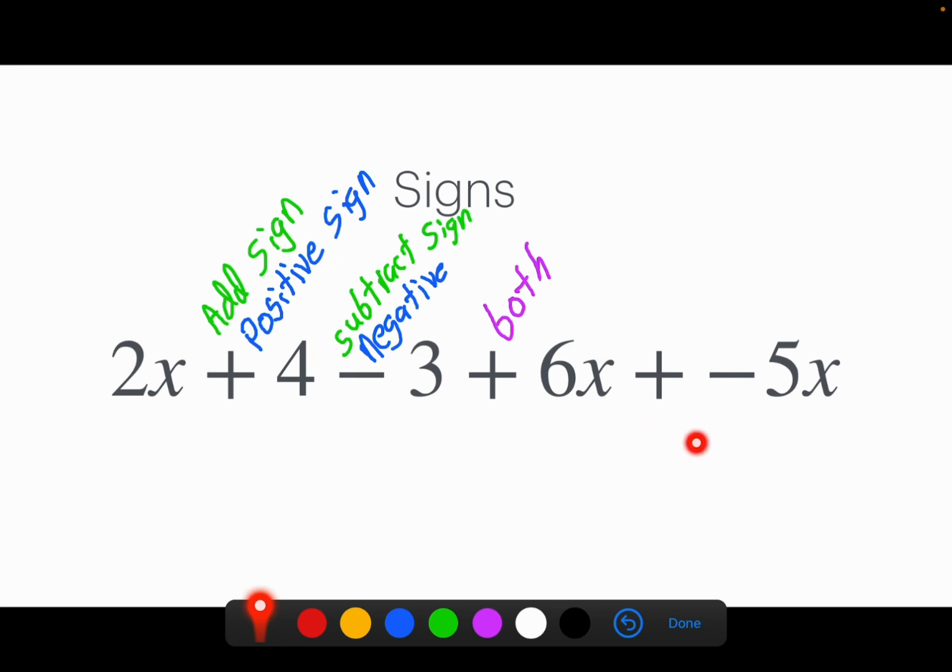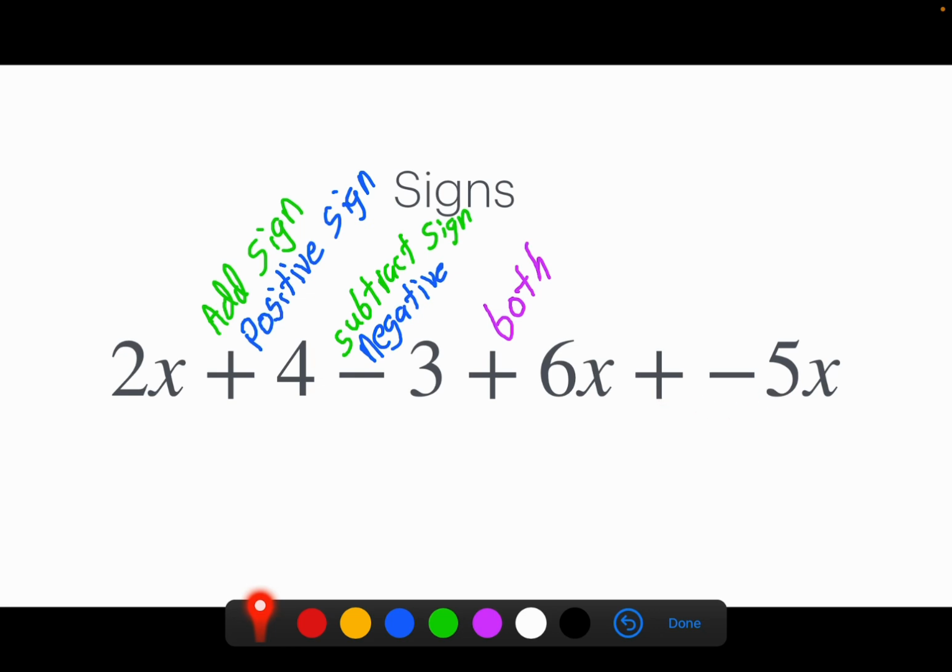What about this one? Here we've got two signs. What is this? Is this an addition sign? Is it a positive sign? Or is it both? Now, if you're thinking, oh, it's a positive sign because it's right next to the 6x, nope, it has to be to the left and has to be directly to the left. So this is not directly next to the 5.